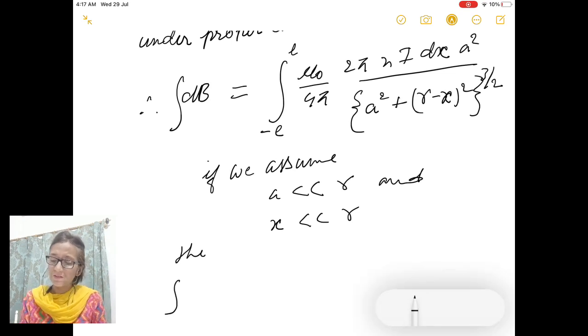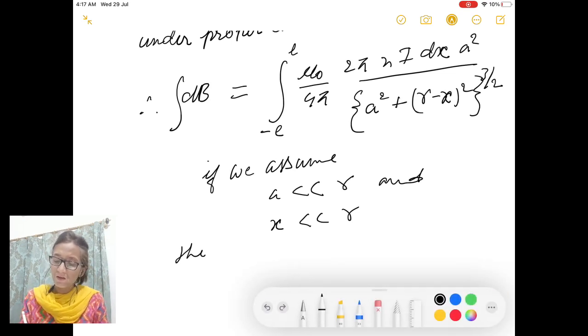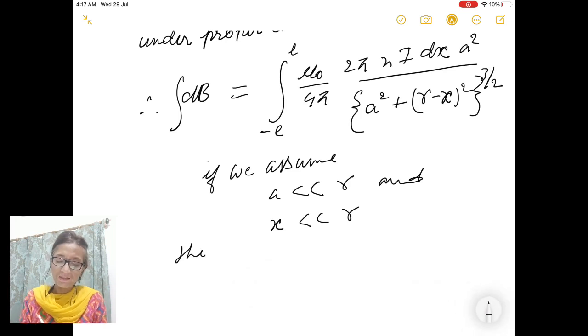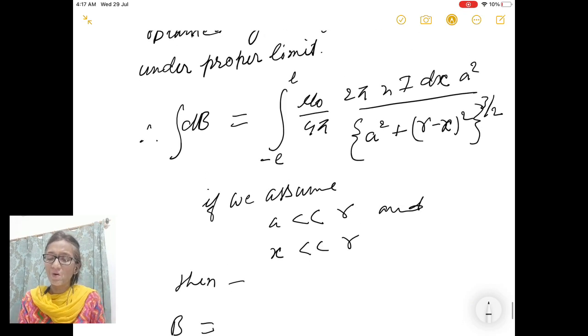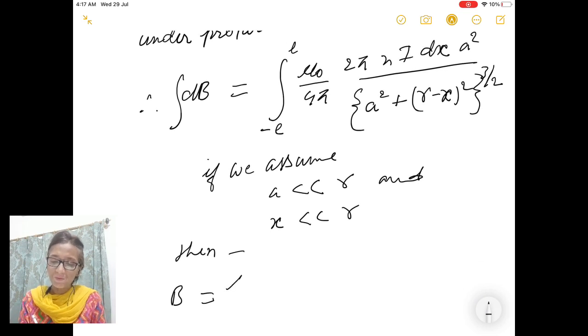So integration of dB is B, and this is equal to, let me take all the constants outside the integral sign. Constants cannot be integrated.